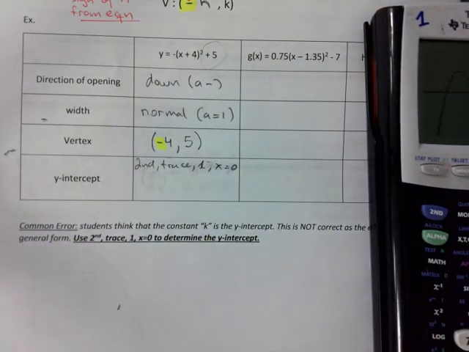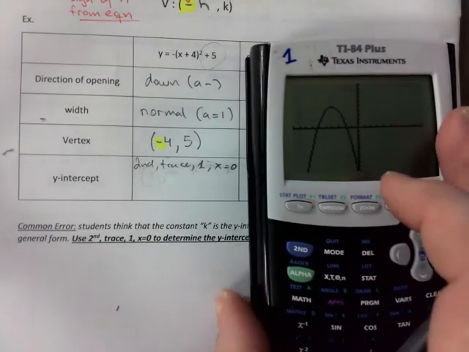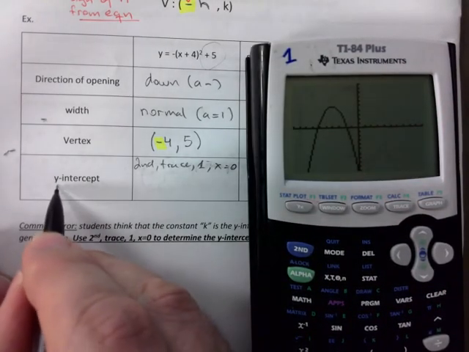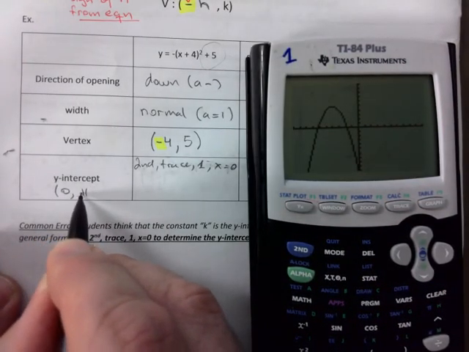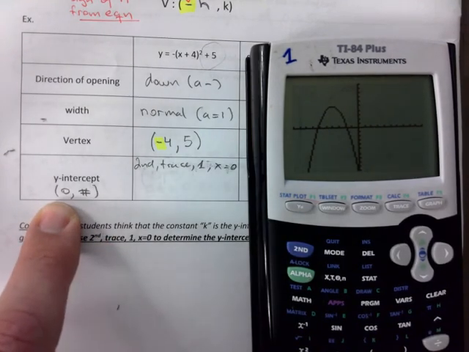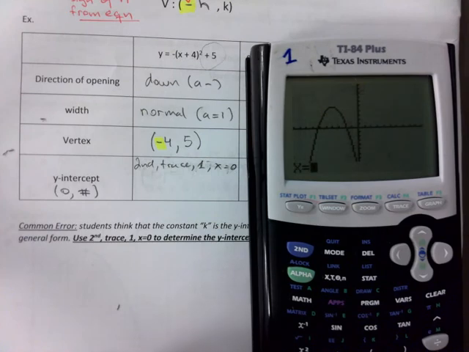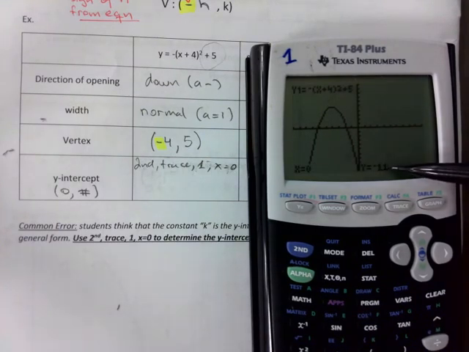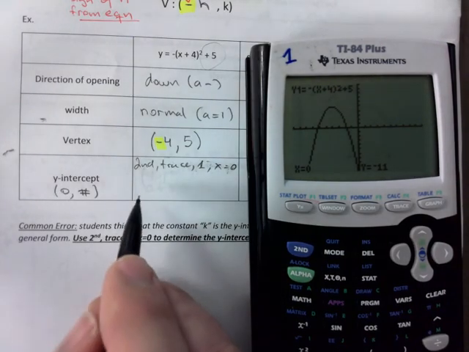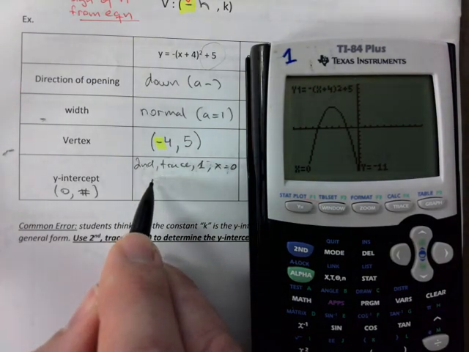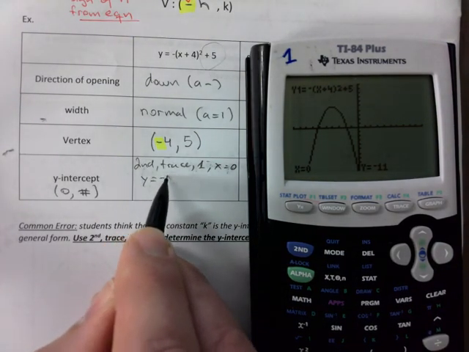That's what I meant to put down there. That's how you find the y-intercept, because the y-intercept is always 0 and a number. So x is equal to 0 at that point. My apologies. So 2nd, Trace, 1, x is equal to 0, and there it is. It's negative 11, so y is negative 11.